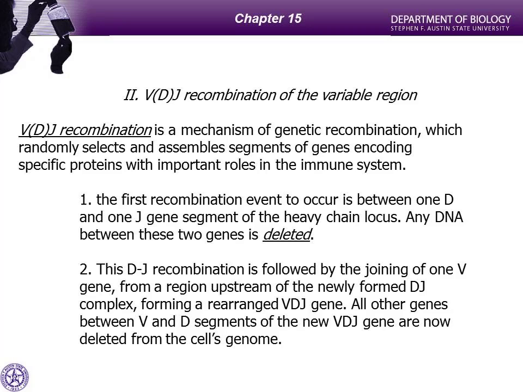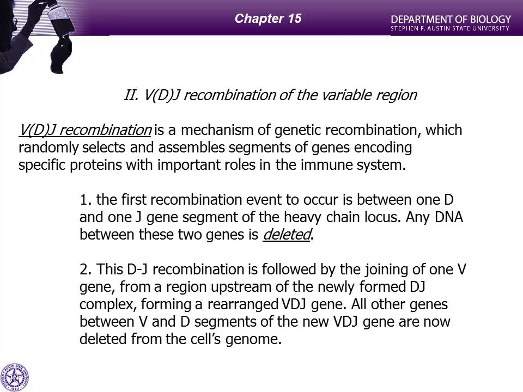D is sort of an intermediate piece of DNA, and J stands for the joining portion that's going to join this segment to the constant fragment. So first, you select your D and J segments, and then you're going to plug in the V segment, splicing out everything in between.